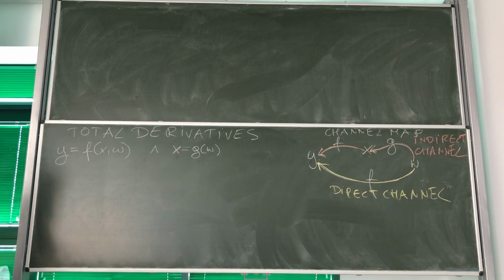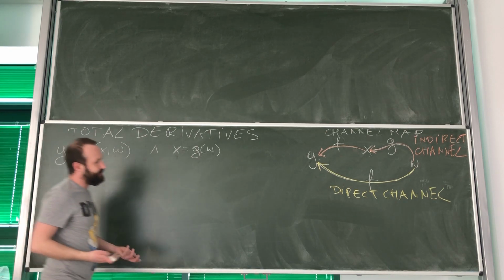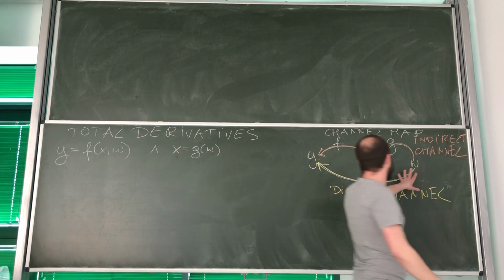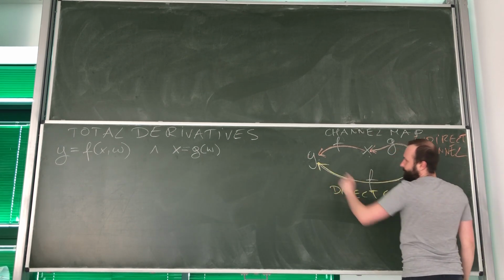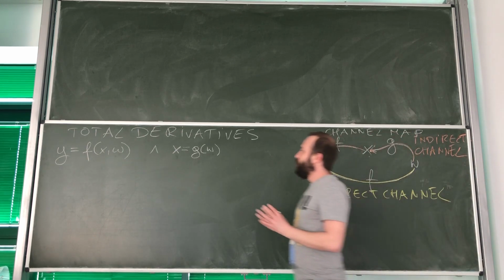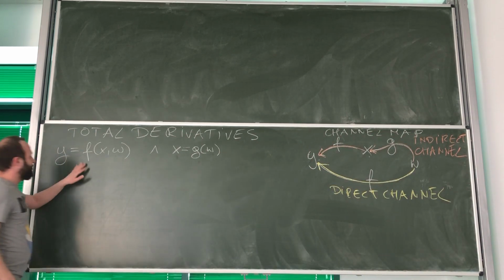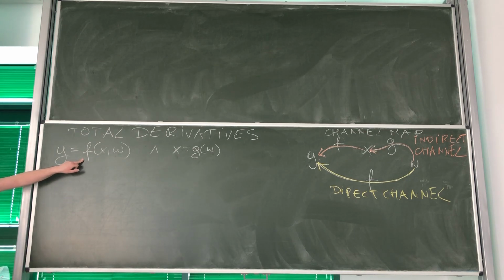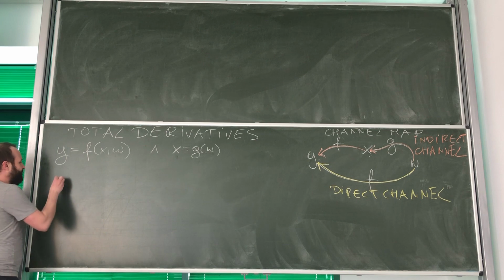Okay, so how do we assess the impact of w on y in its entirety? Look, we can think about this function y equals f of x and w as some different function.